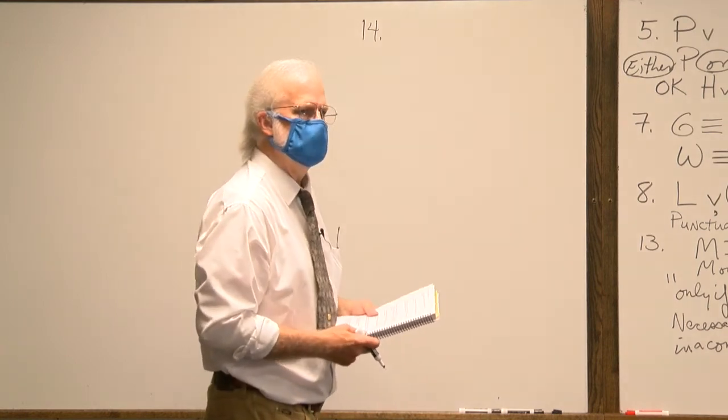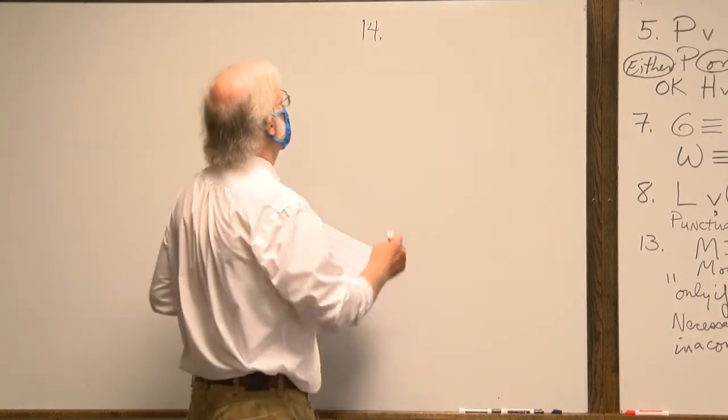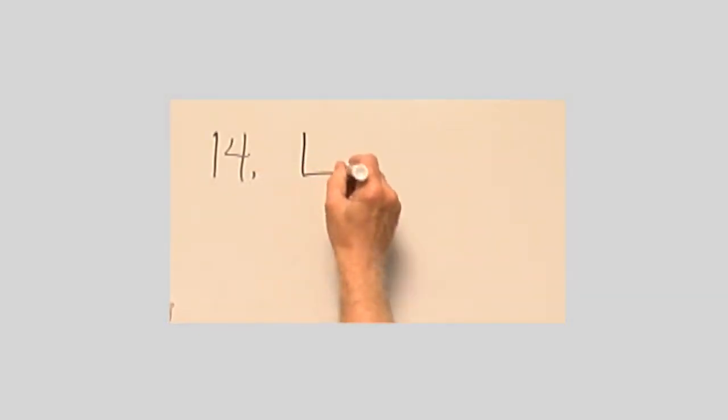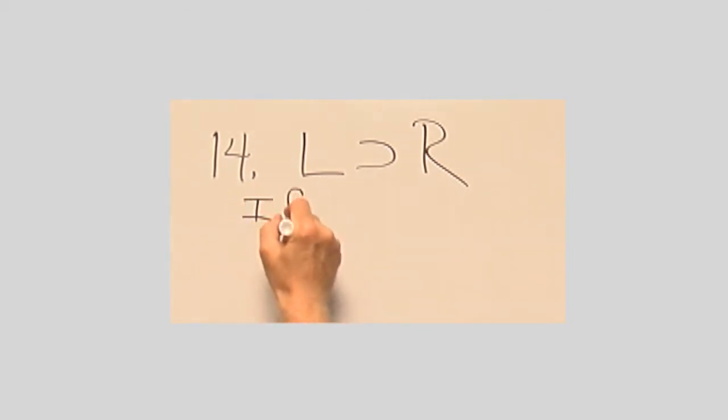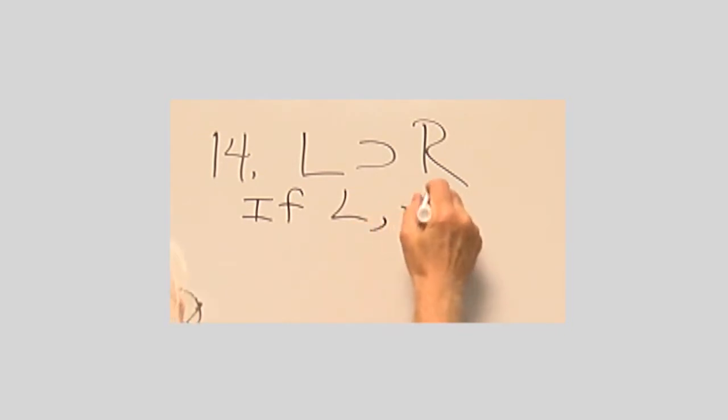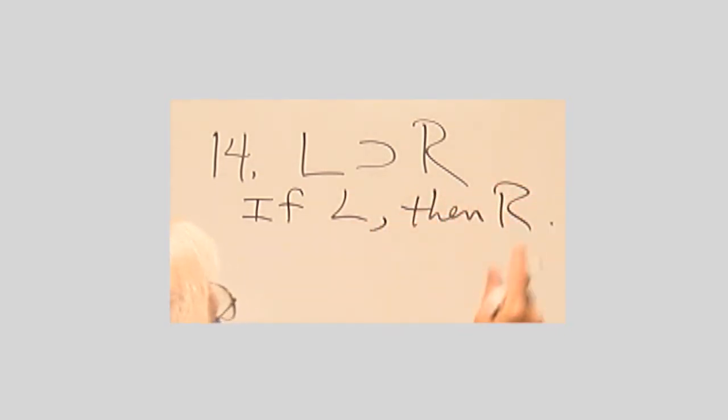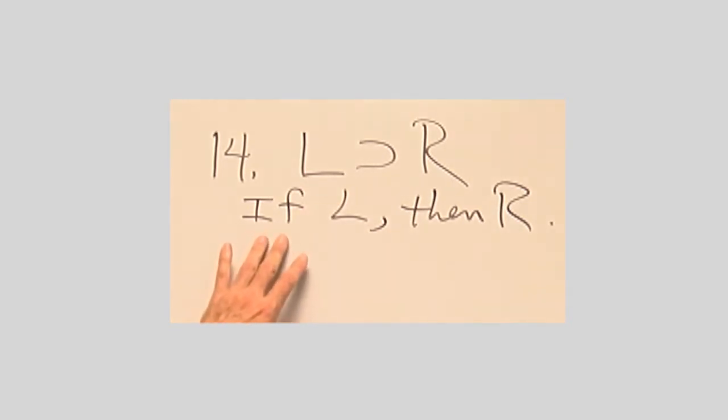How would we translate that into our symbolic language? Right. L, horseshoe R. If L, then R. Okay, the horseshoe is simply translating our expression if then.